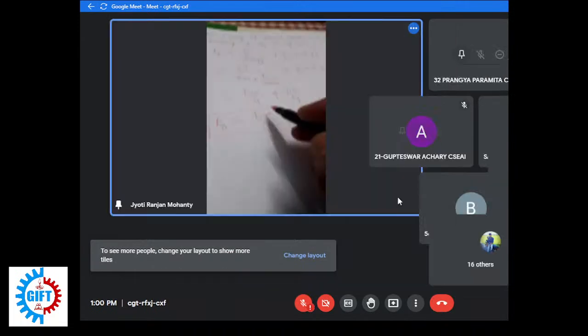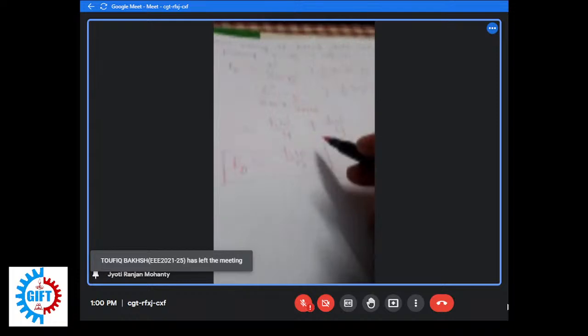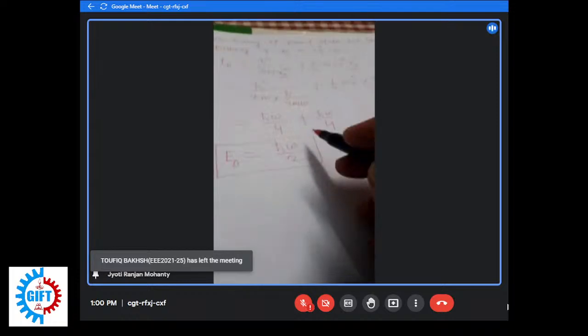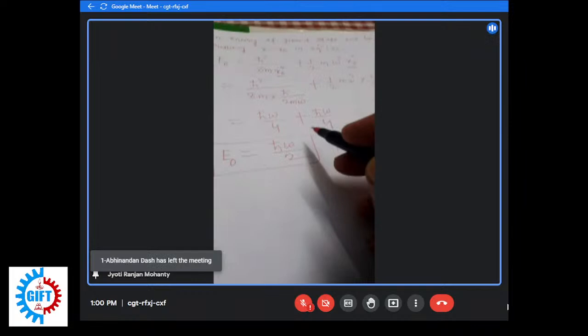Hence, the ground state energy of a linear harmonic oscillator is not equal to 0.